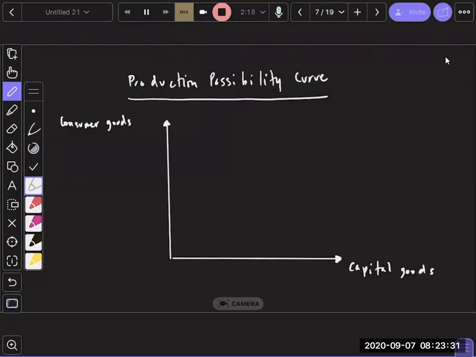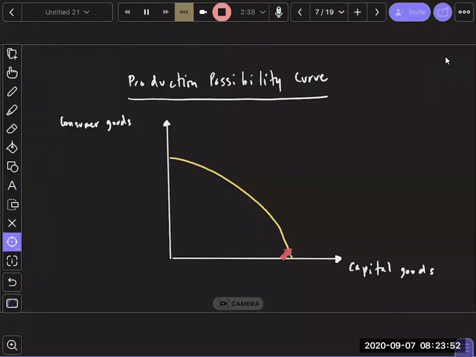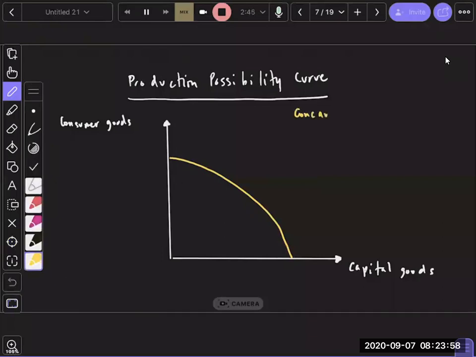Let's say an economy has two broad choices for using its resources, remember, land, labor, capital, enterprise, to make consumer goods or capital goods. And typically we have a curve like this. Why do we have a curve like this? Why is this shape concave to the origin, as we call it, and not linear? I'm going to talk about that in detail later.